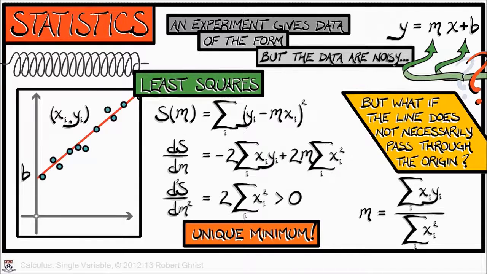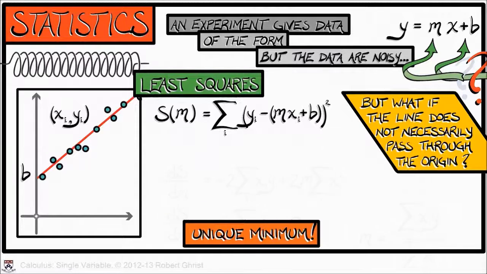We're looking for a line of the form y equals mx plus b. I wonder, could we do the same thing? Well, the vertical distance would involve a b term in this s function. And now, this function would depend not only on m, but on b.